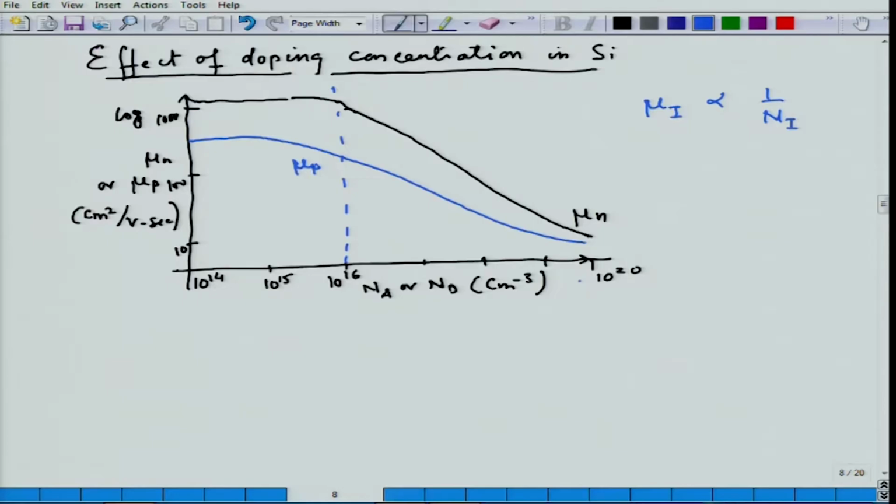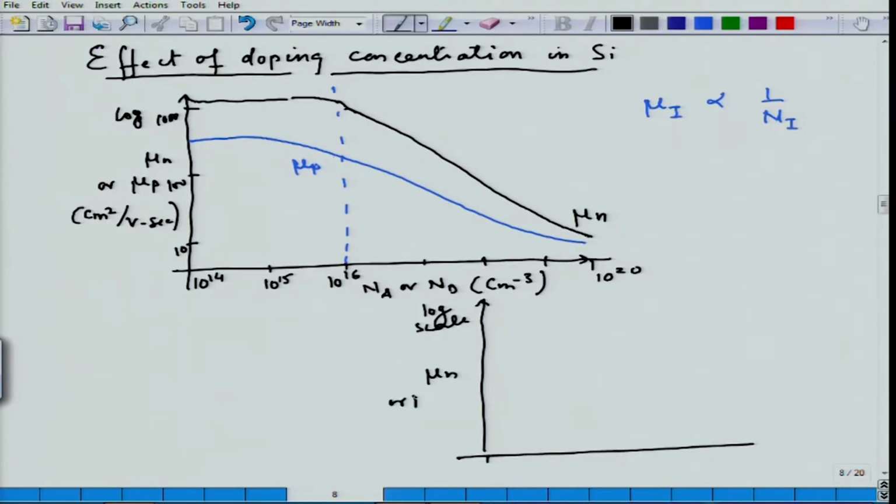And the same behavior if I try to see for silicon in case of temperature. With temperature, if I would plot again on the log scale mobility of electron or mobility of hole in silicon as a function of temperature, let us say going from 50 to 250, then I would find this behavior is going for mu n, and similarly for holes it is going to be mu p.